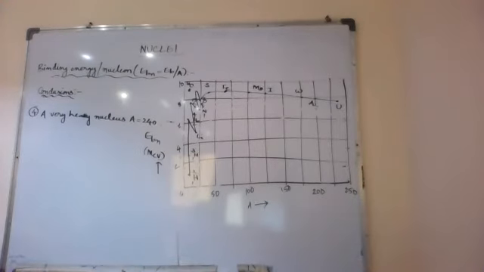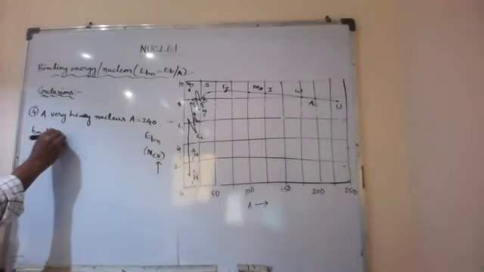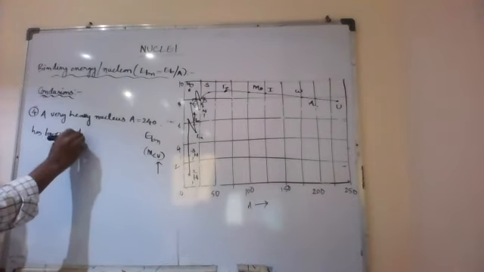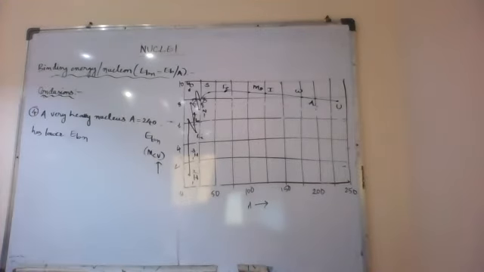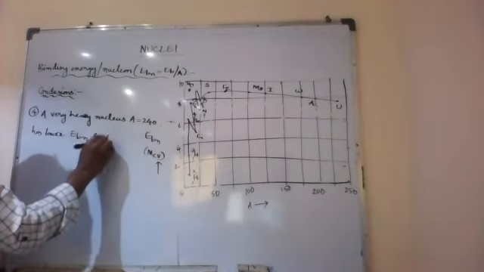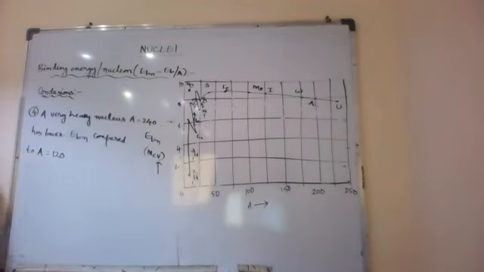A equal to 240 has lower binding energy per nucleon compared to that of A equal to 120. So this is the value.